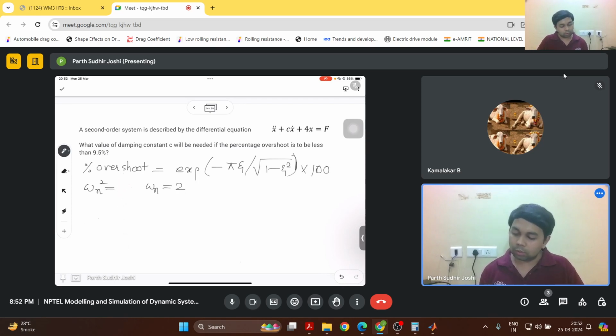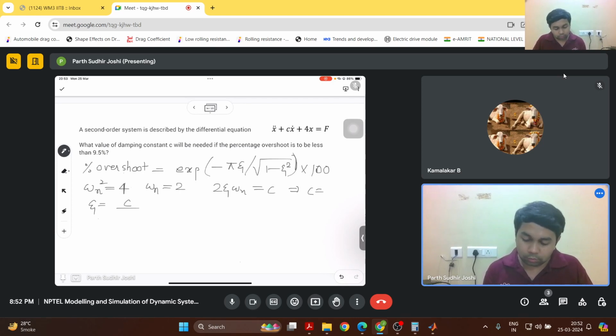So the coefficient 4 represents omega n square, and 2 zeta omega n will be C. So C is equal to 4 zeta.